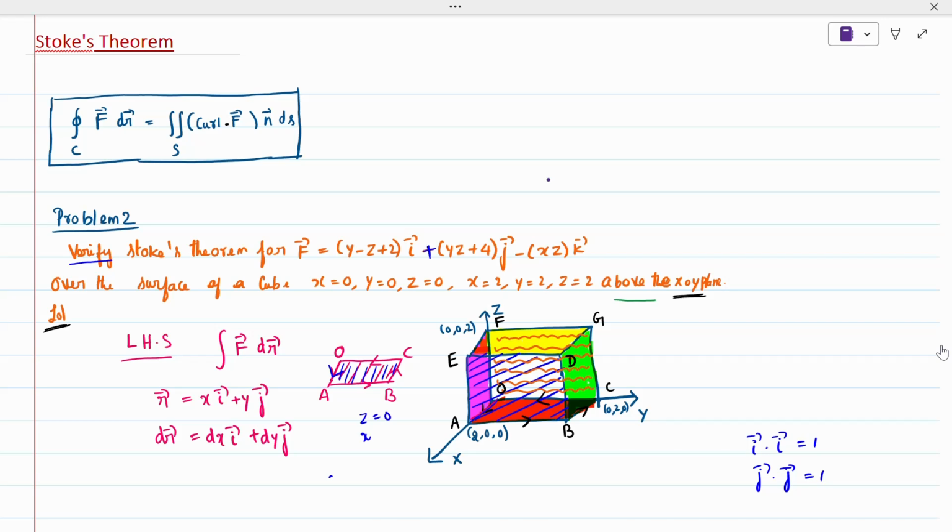It is the xy plane. So F · dr, first I will multiply.